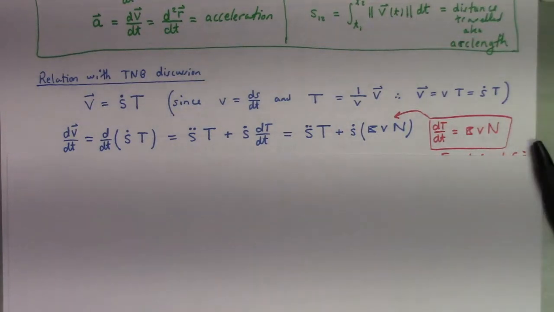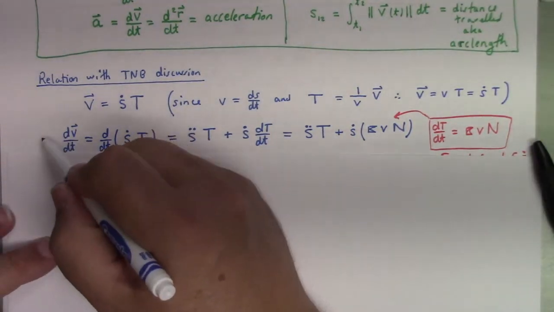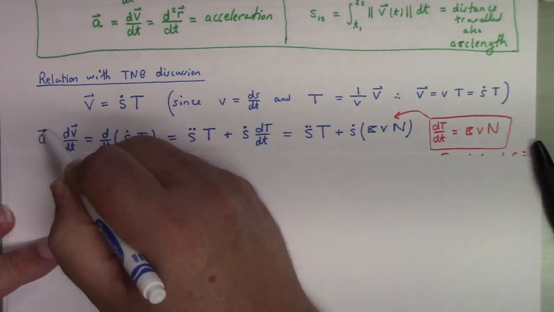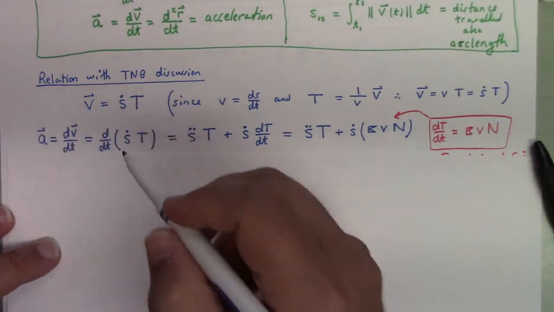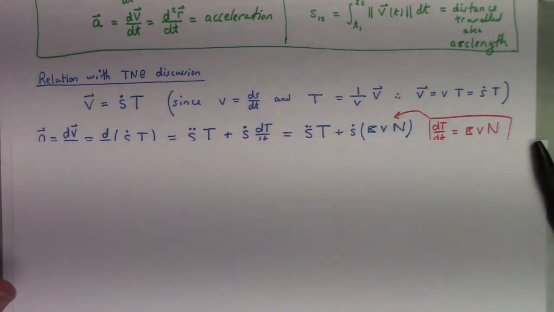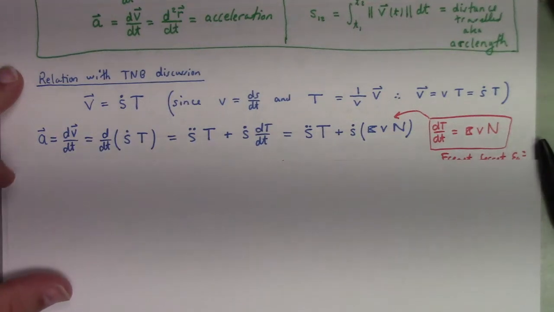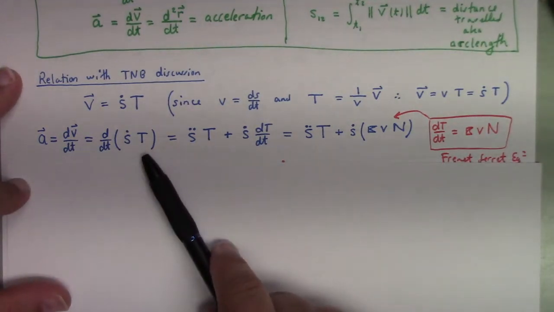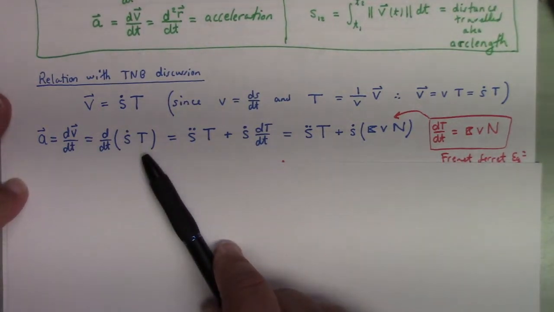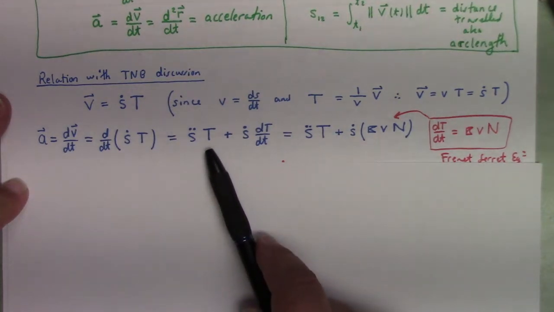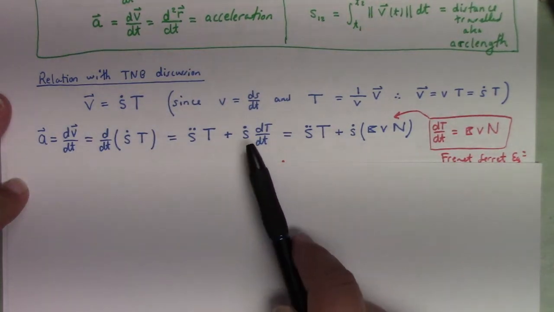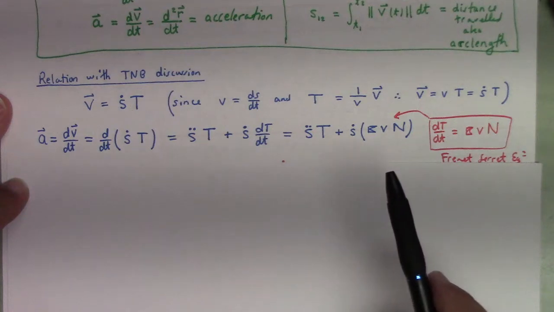Now, the acceleration, dv dt, I guess I should include that in my musings here. A for acceleration is dv dt, but it's also the derivative of the product of speed and the unit tangent, which by the product rule gives me s double dot times T plus s dot times dT dt, right?